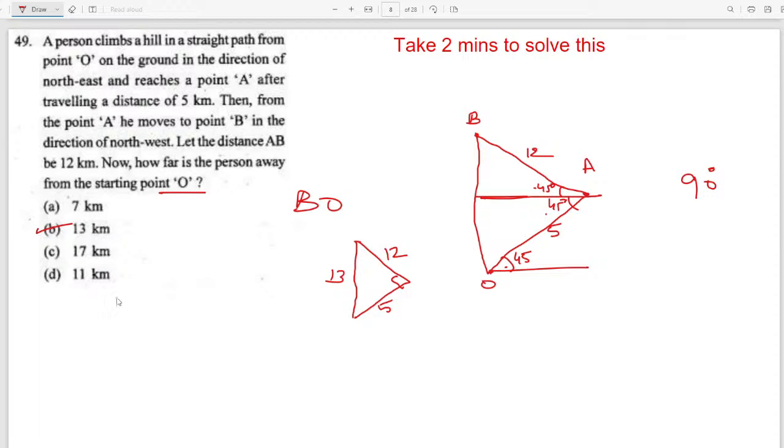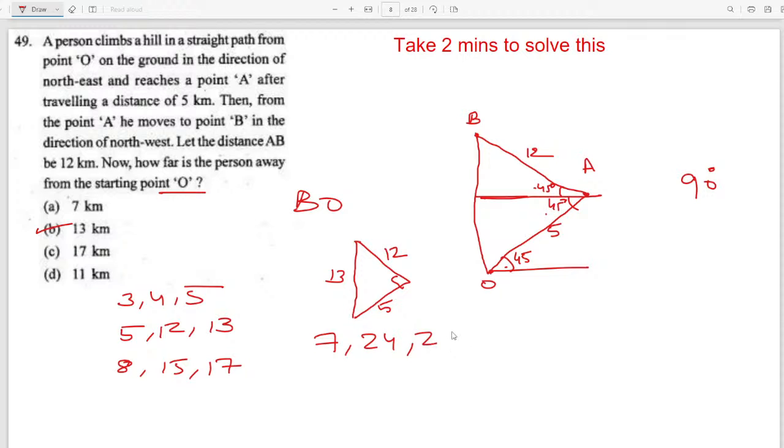Remember the normal, standard Pythagorean triplets. One is 3, 4, 5. The other is 5, 12, 13. The third is 8, 15, 17. And the fourth is 7, 24, 25. If you remember these, you can add variations to this.